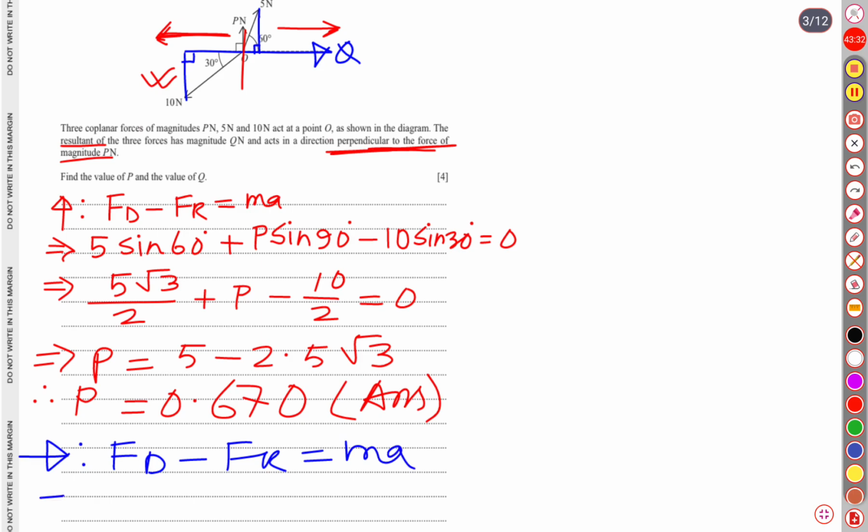Okay, sorry, not mass into acceleration. Here, yes, it is mass into acceleration. Okay, now they have told that if Q is on the right side, if Q is positive, let's see what happens.